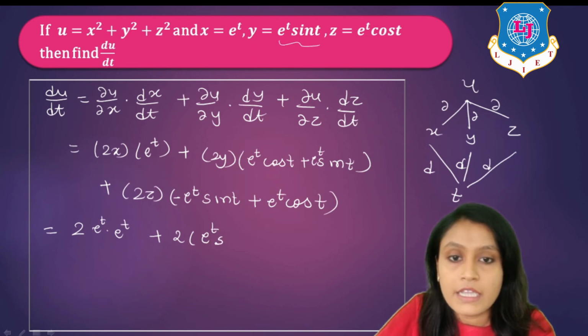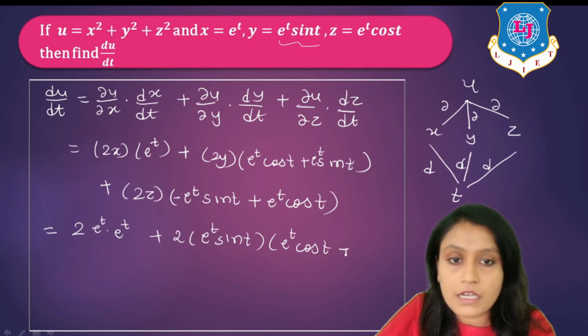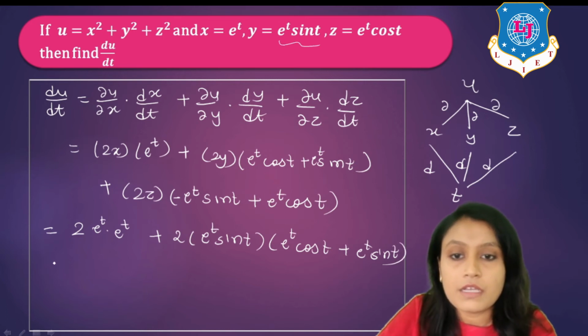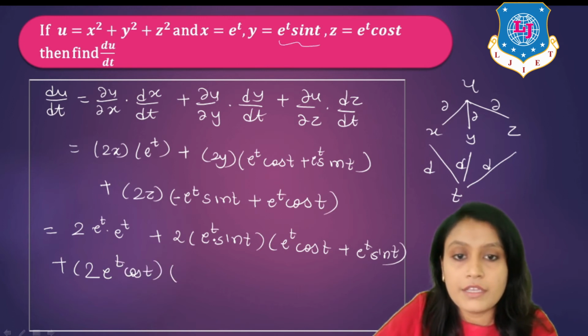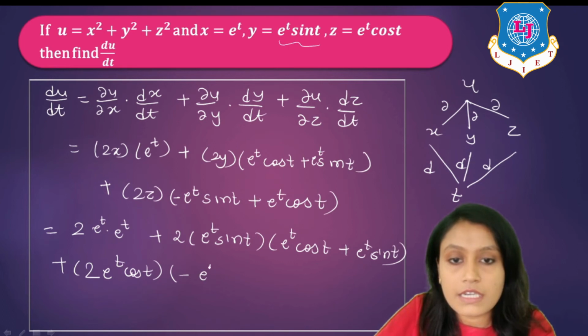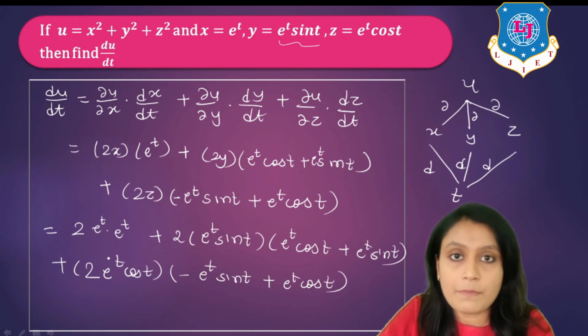So you will get e raised to t sin t into e raised to t cos t plus e raised to t sin t. Okay, plus 2z, in place of z we have to write e raised to t cos t. Okay, and here minus e raised to t sin t plus e raised to t cos t. Okay, now we have to simplify.